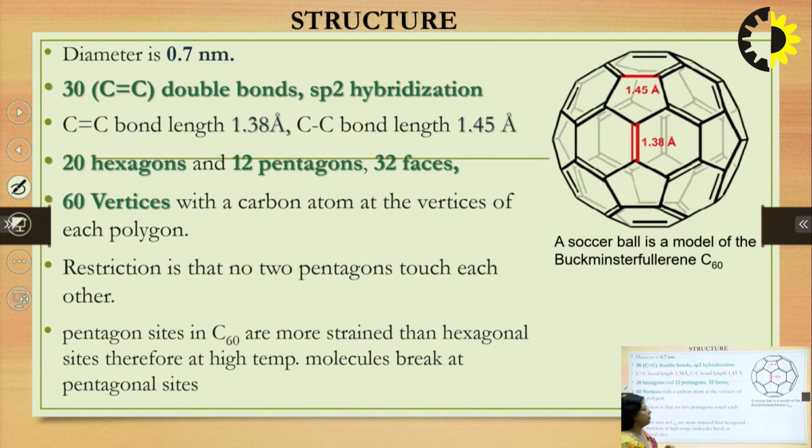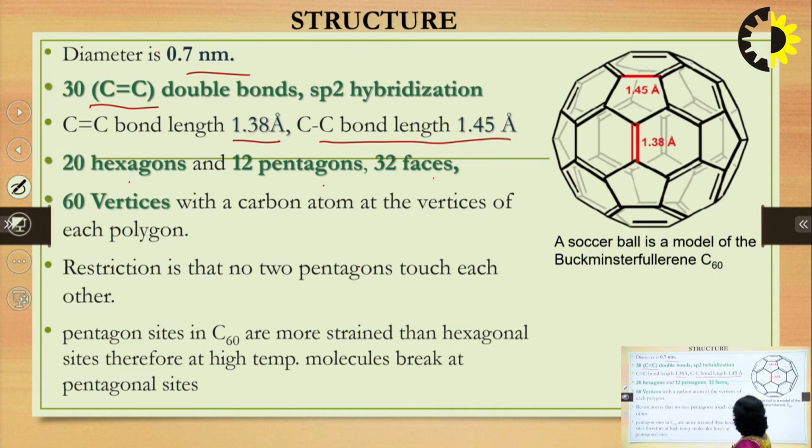Now, the structure of fullerene is a very important part because all the properties of fullerene arise from this structure. The diameter is 0.7 nanometers, and 30 carbon double bonds are there. The carbon double bond length is 1.38 angstrom, and the single bond length is 1.45 angstrom. There are 20 hexagons, 12 pentagons, and 32 faces.